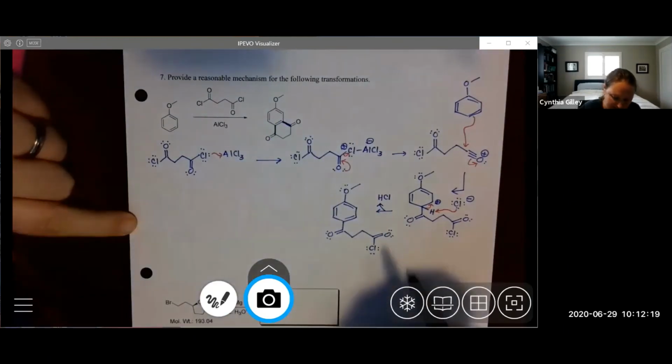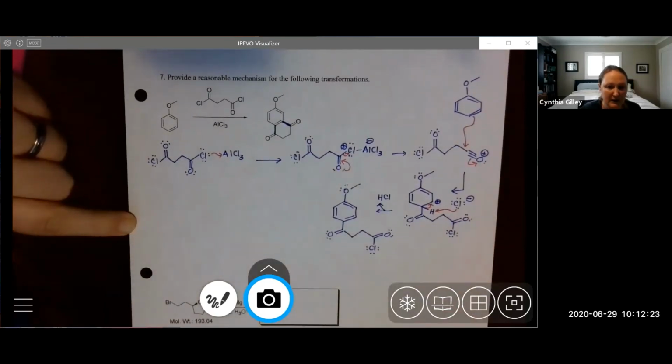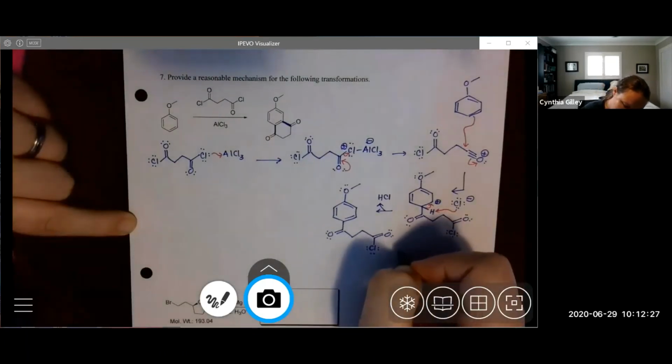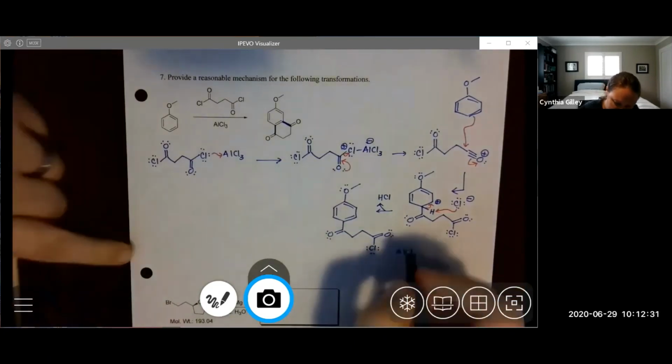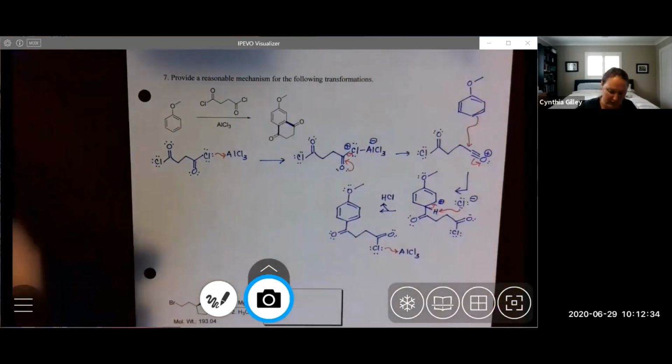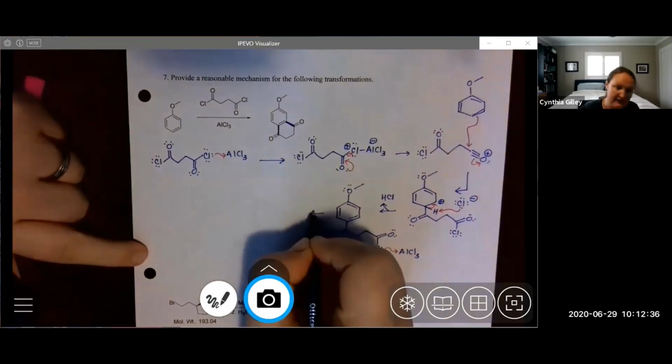So we again need to activate the second acyl halide to form an acylium ion that can be attacked by the ring. So the same sort of steps will take place. We're going to form a new complex with the second acyl halide.